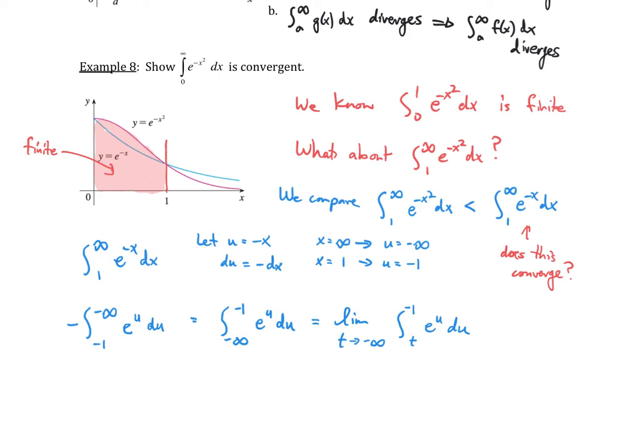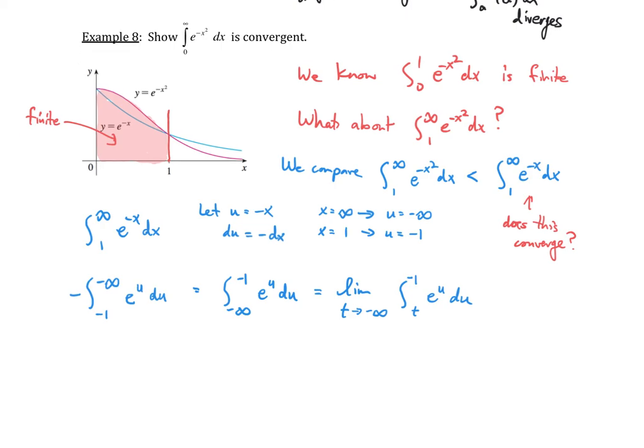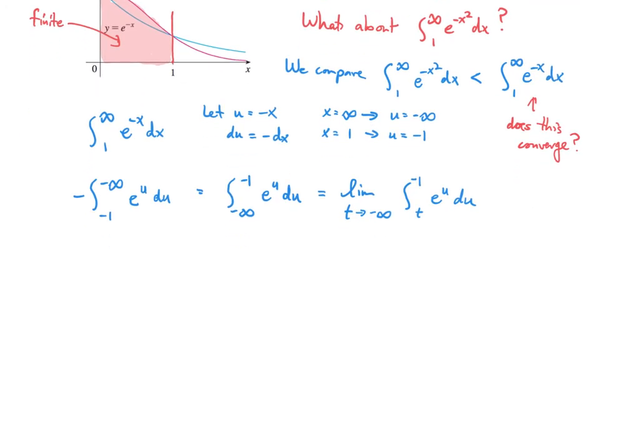All right, so we need to evaluate that. So the antiderivative of e to the u is just e to the u. And we're going to have the limit as t goes to negative infinity, e to the u evaluated from t to negative 1.